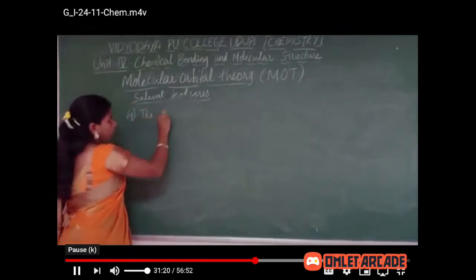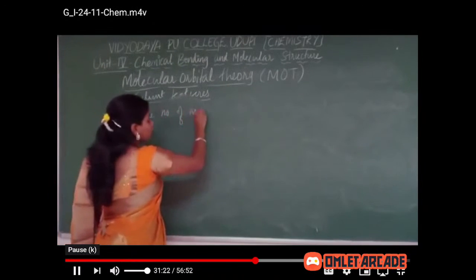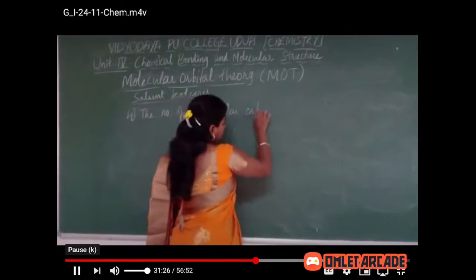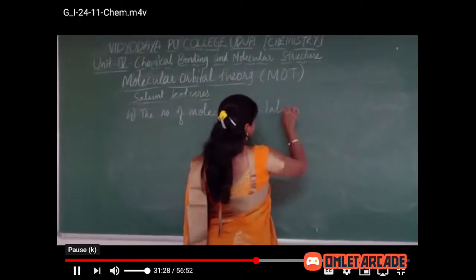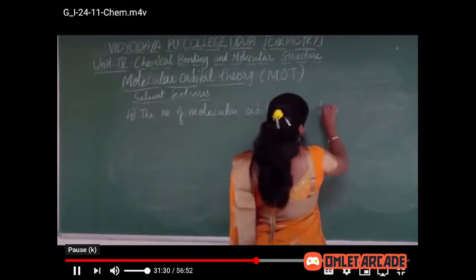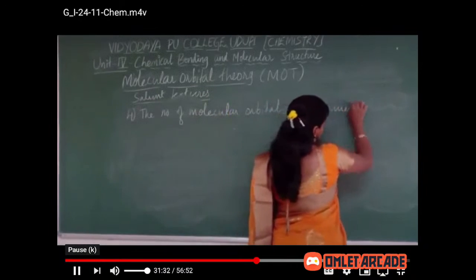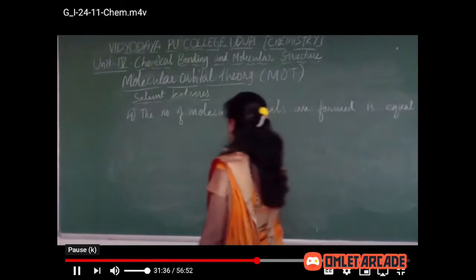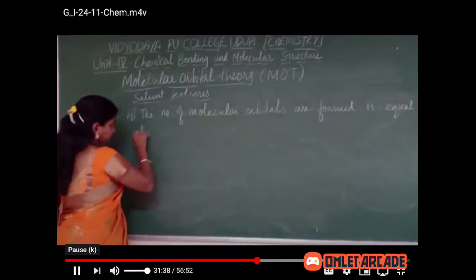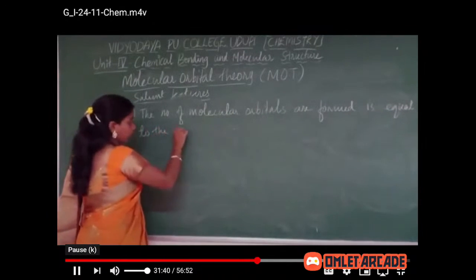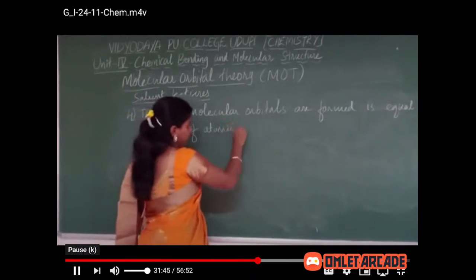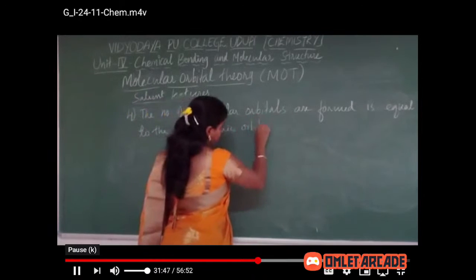The number of molecular orbitals formed is equal to the number of atomic orbitals combining.